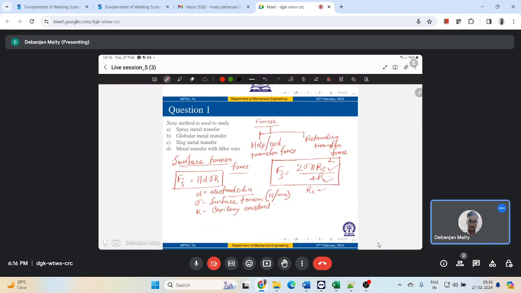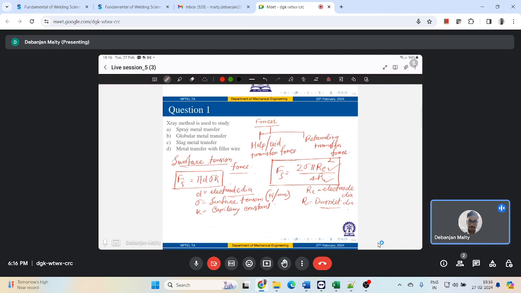Re is my electrode dia and R is my droplet dia, which I am depositing over your weld metal. So through this you can measure the surface tension force.